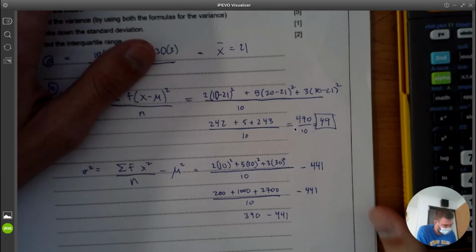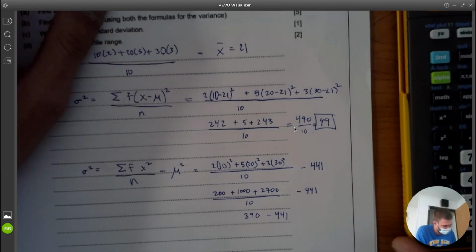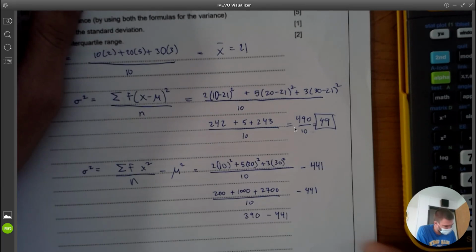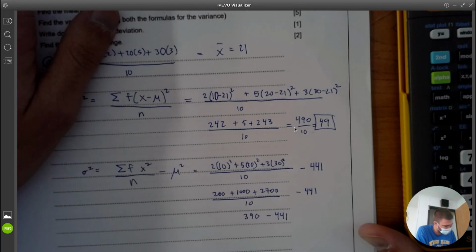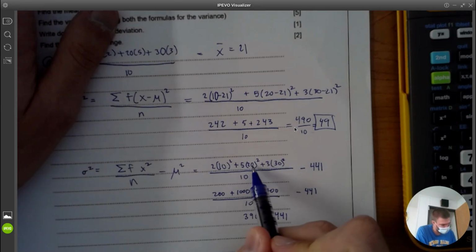All right, let's see if we made a mistake here. 2 times 10 squared plus 5 times 20 squared plus 3 times 30 squared. Oh, damn. It's 400 times 5.